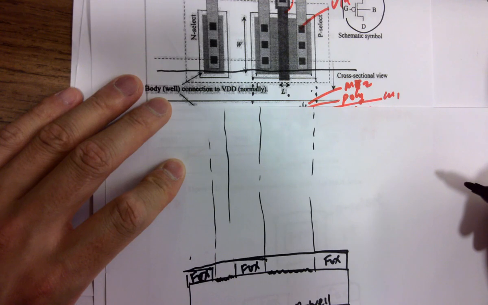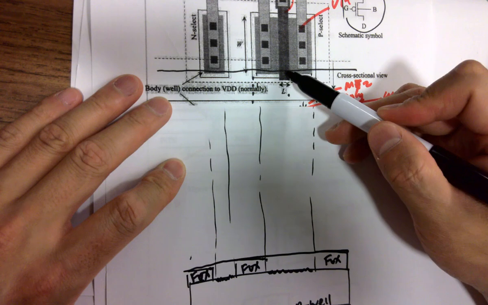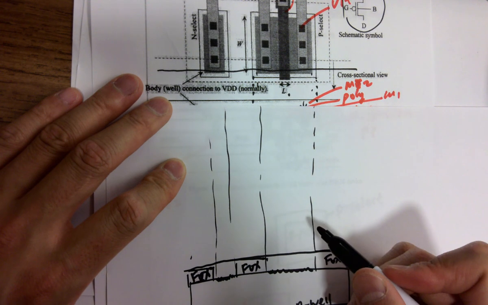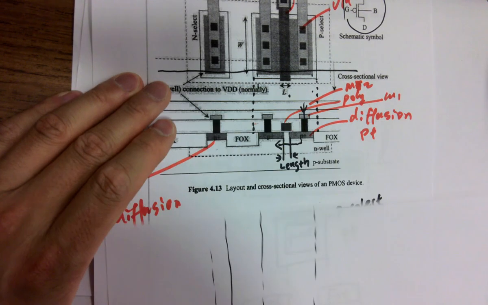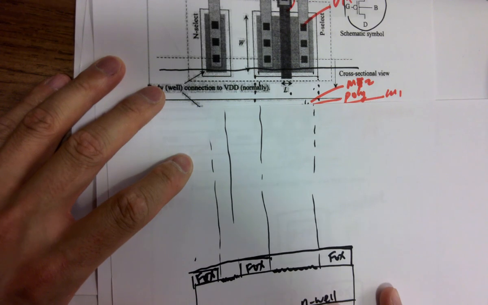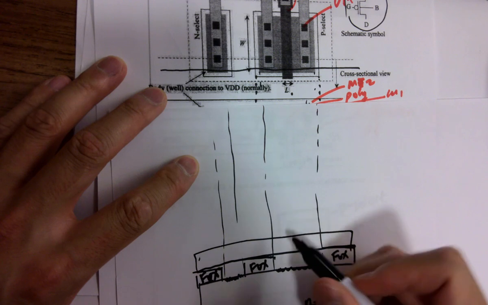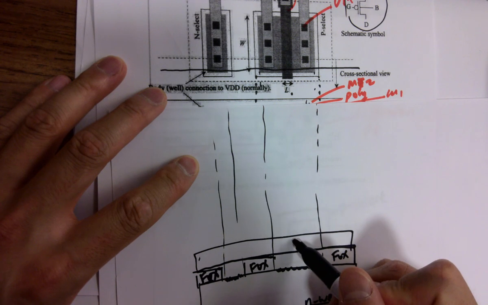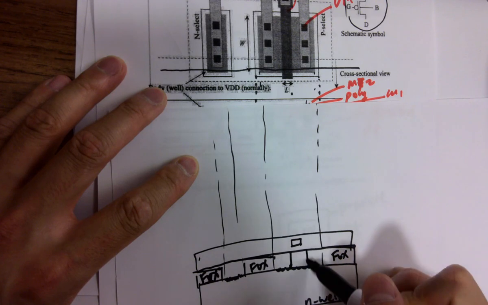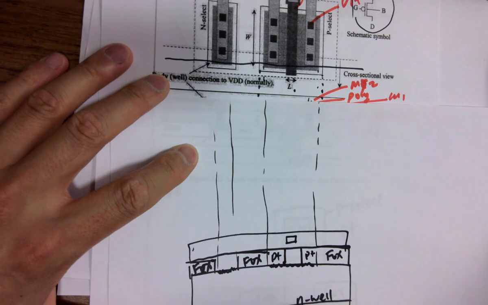Is there a poly? Yes. Is there a P plus? The P plus blocked by the poly? Yes. So we got a poly here, so it's on top of it. Here's the poly. And here's a P plus. Am I making it right?